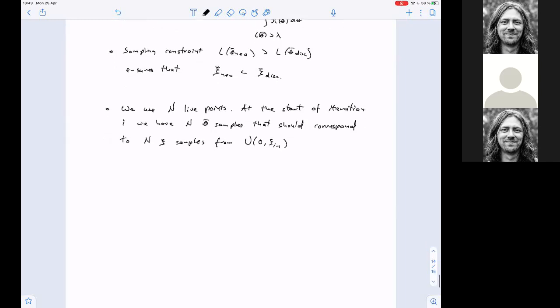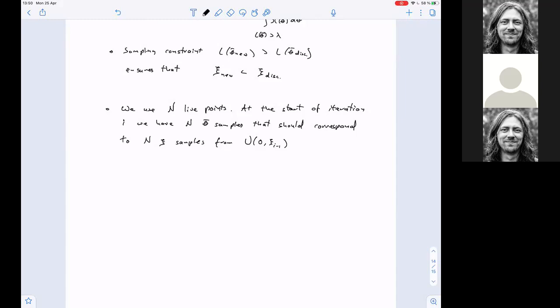But the constraint lambda is different from one live point to another live point, right? It could be at some iteration that the lambda for some live point is lower than the lambda for another live point. You have a likelihood value for each live point, but to get the lambda you use as constraint, you look at all your live points and pick the point with lowest likelihood.